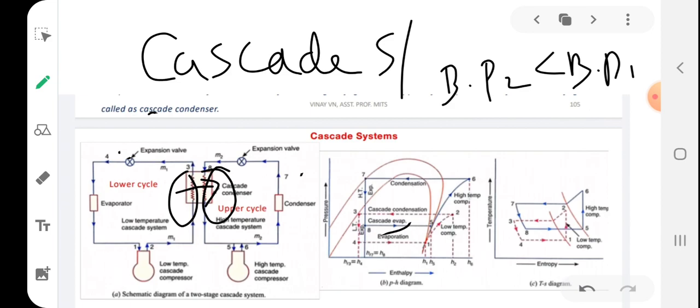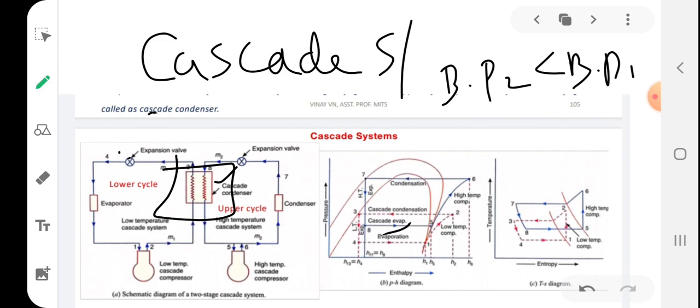So that particular component is known as cascade condenser. This particular component, where the heat of condensation of the first refrigerant is absorbed as heat of vaporization in the second cycle, that is actually a heat exchanger, is known as cascade condenser.